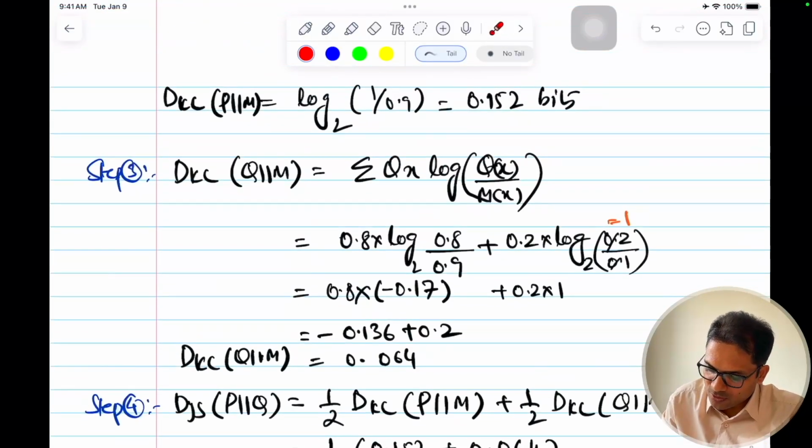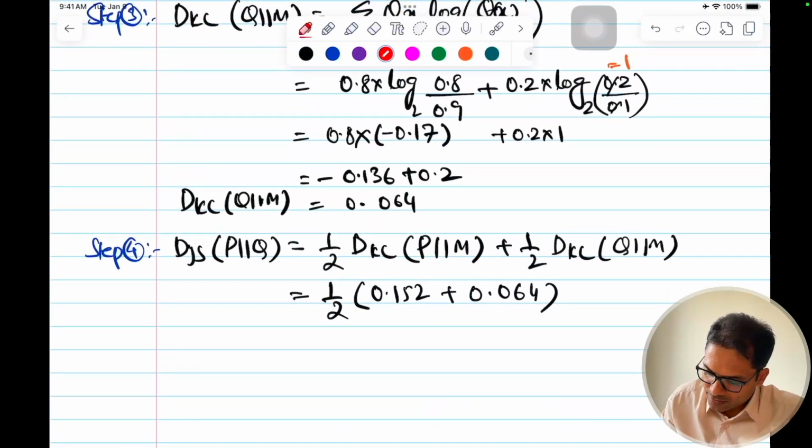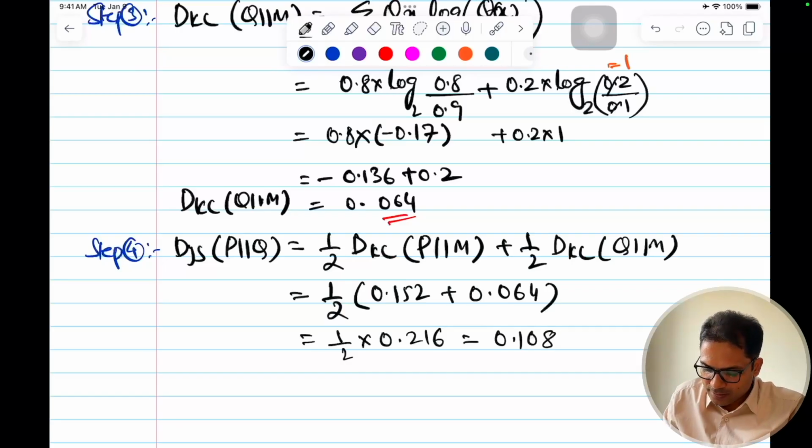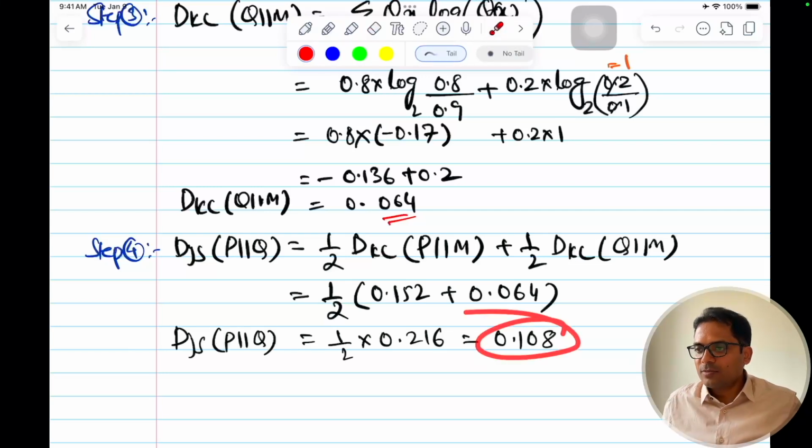This is coming from here, 0.152, and this is 0.064. This will become finally half into 0.216. This is equal to 0.108. DJS of P and Q is equal to 0.108.